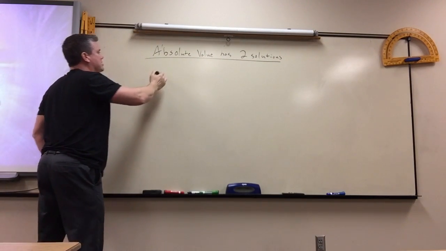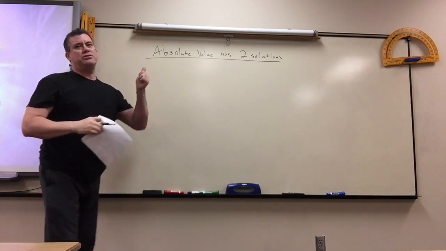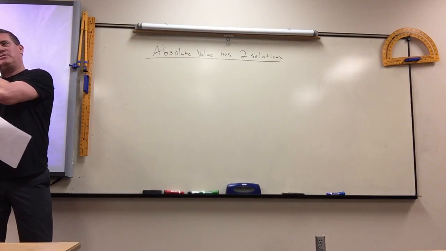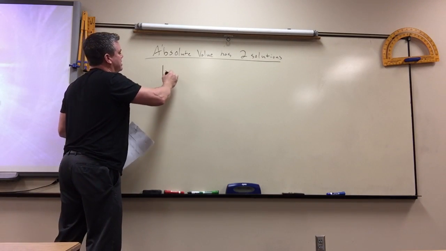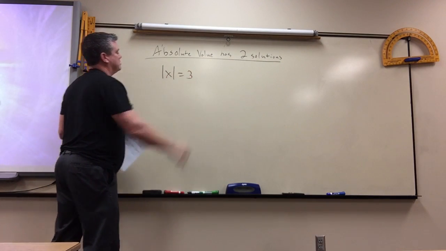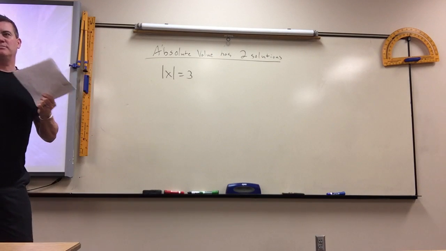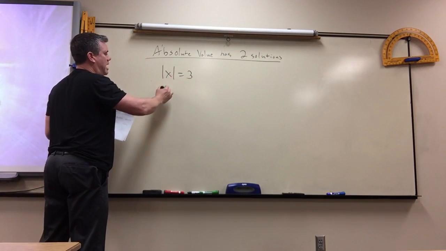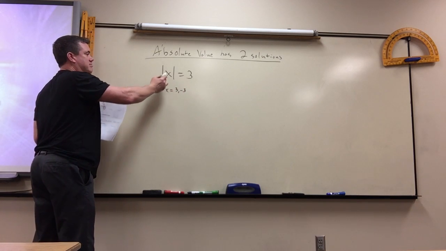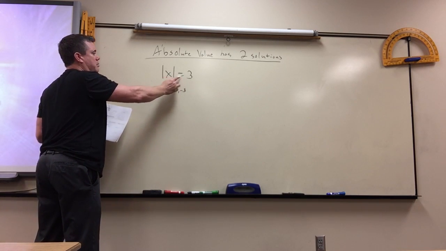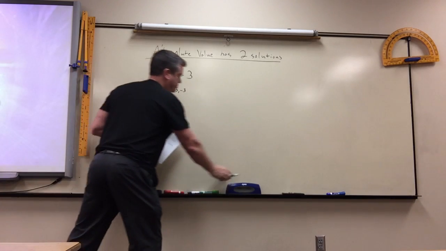The absolute easiest, some of these are equations, some of these are inequalities, but they're both solved the same way. This would be the easiest. You don't have to solve anything. X equals 3 or negative 3, because you could put 3 in there and it'd equal 3, negative 3 would equal 3.